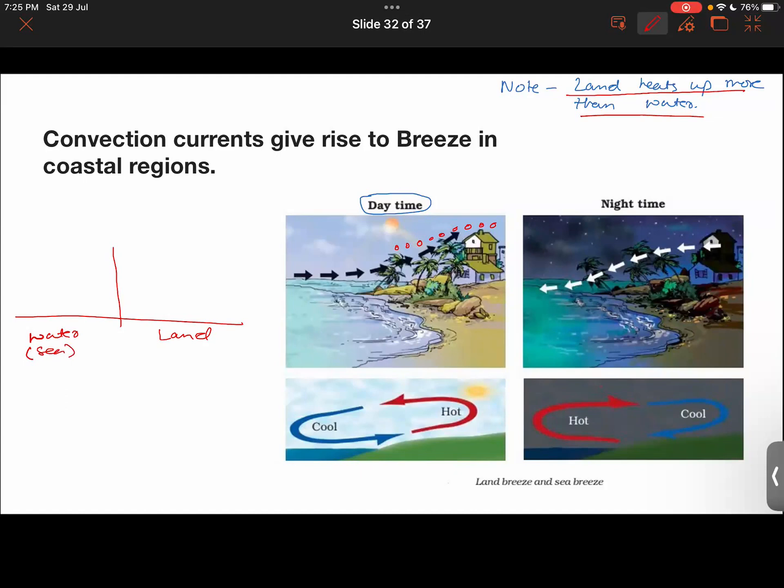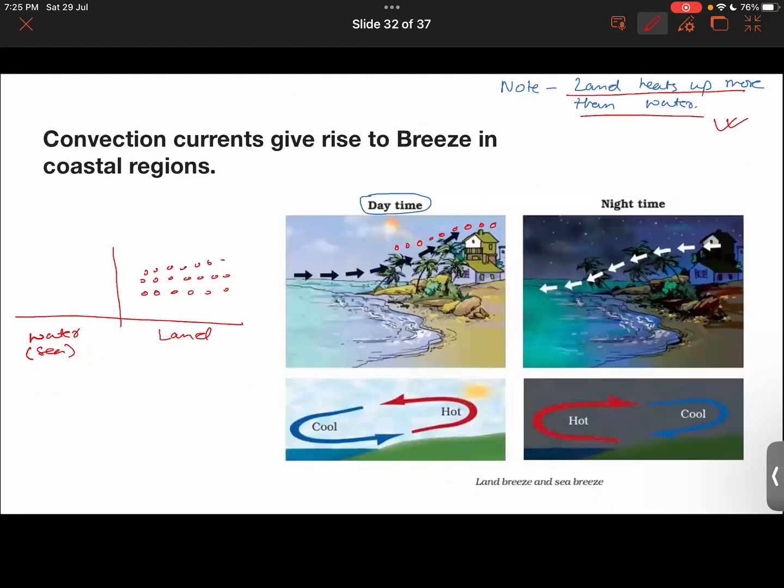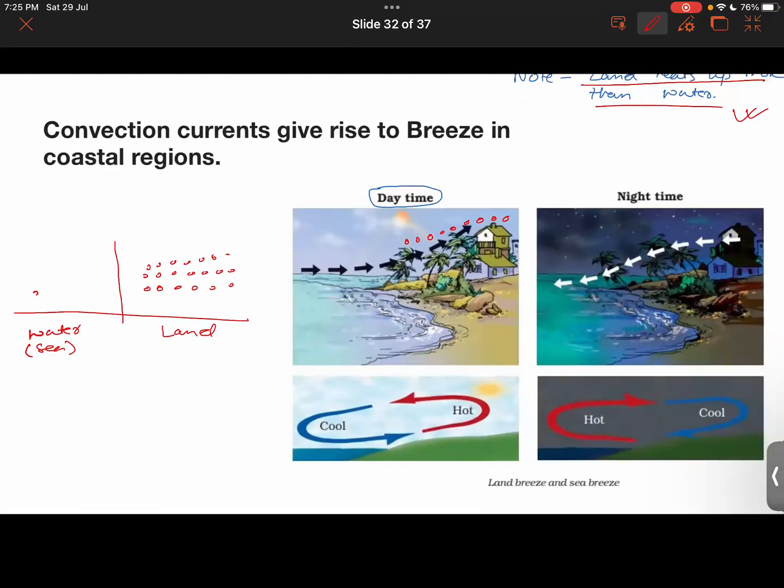Since land heats up more than water, and water heats comparatively slower than the land, the air molecules above this land are going to heat up more and become lighter. Remember, earlier we talked about how hot molecules of water rise up and cold molecules come back to the bottom of the utensil. In the same manner, the air on the land side is comparatively warmer than the air molecules on the water side, right guys? So these air molecules will start to rise up.